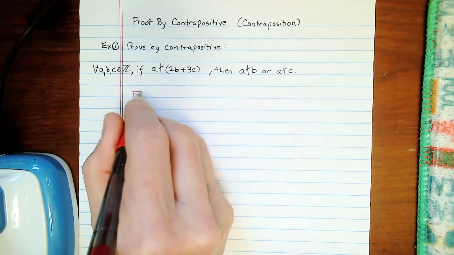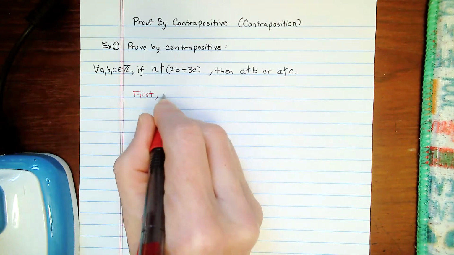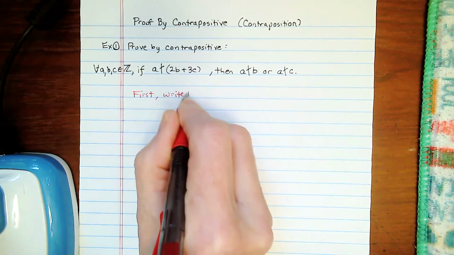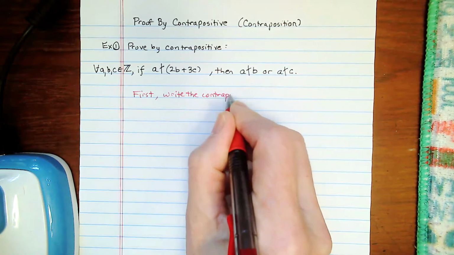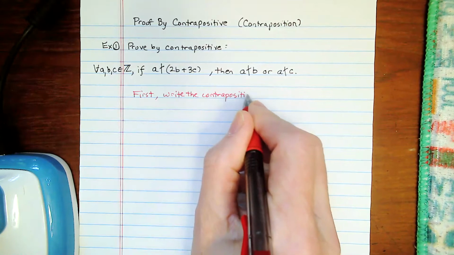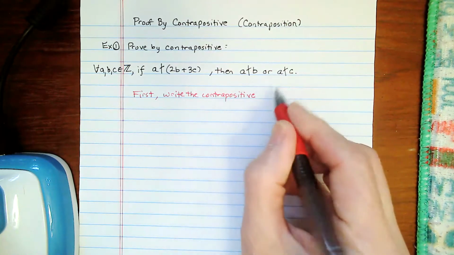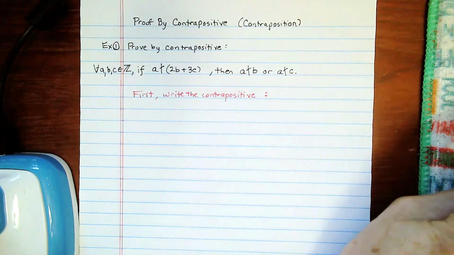First, let's write the contrapositive. It will also be an if-then statement, and it will be universally quantified, as all if-then statements are.